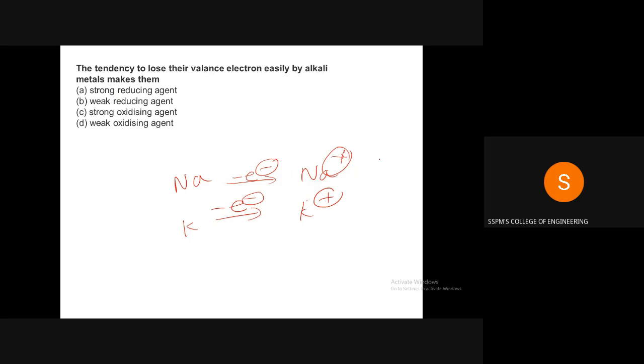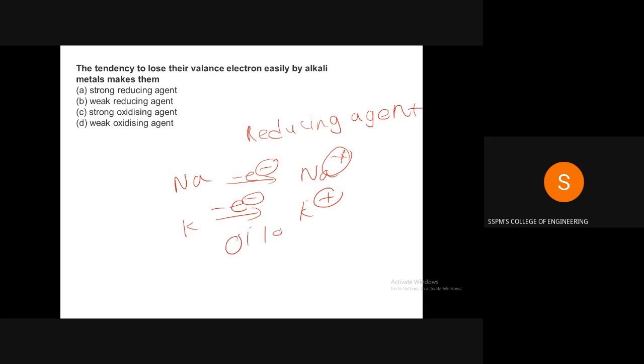They are electron deficient, and these electron deficient species are called strong reducing agents. Why? Because they have the tendency to attract electrons from other elements, so they undergo oxidation and act as reducing agents.